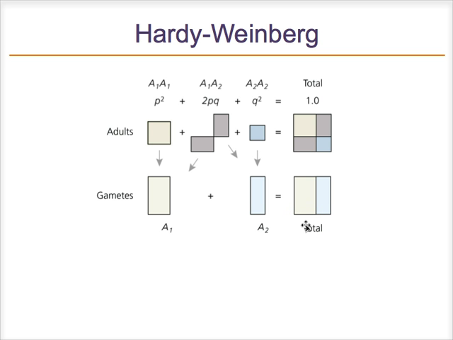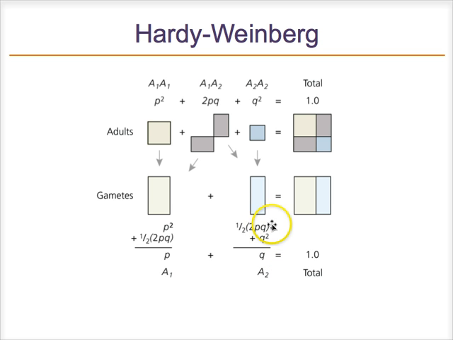And so Hardy-Weinberg came up with these generic allele frequency terms and said, if I take the genotype frequency of the homozygous plus half of the genotype frequency of the heterozygotes, I get this term p, which is the frequency of the A1 allele in the subsequent gene pool.